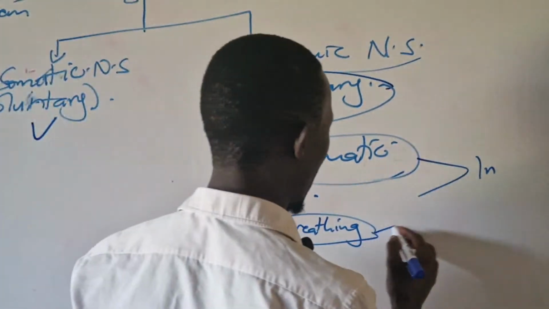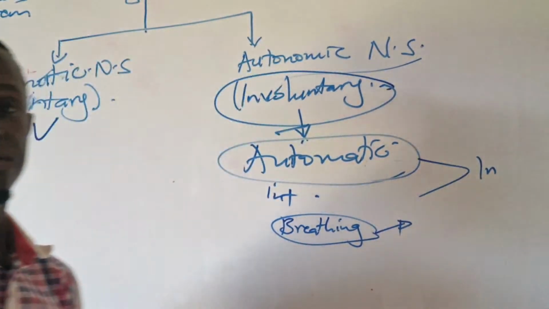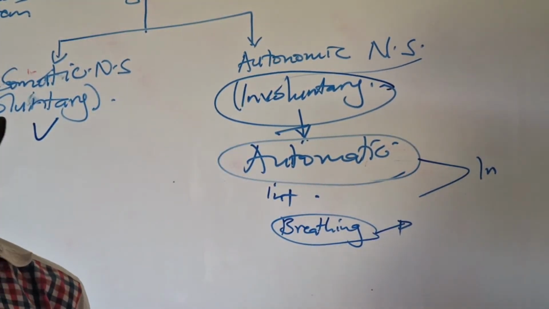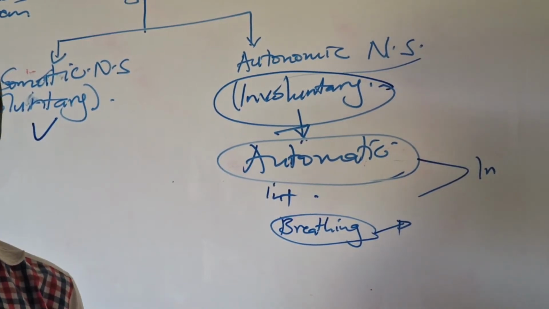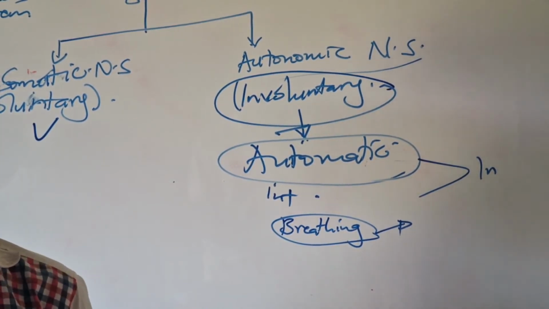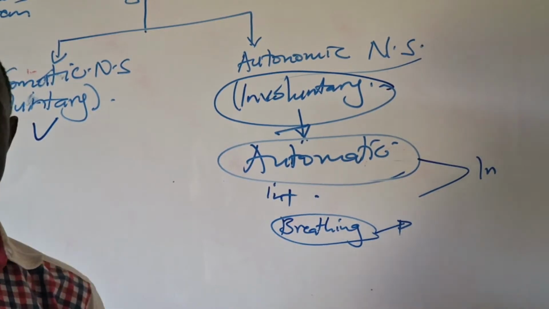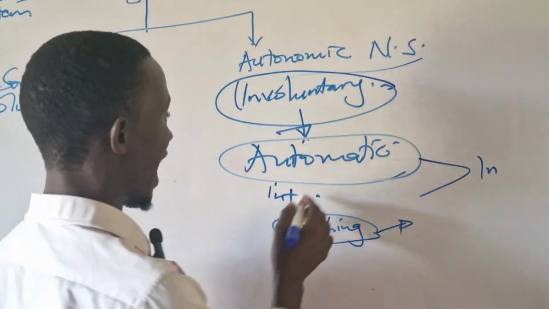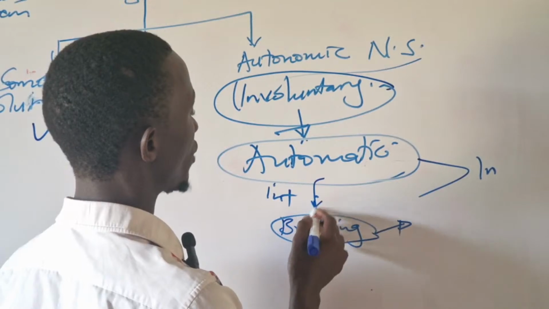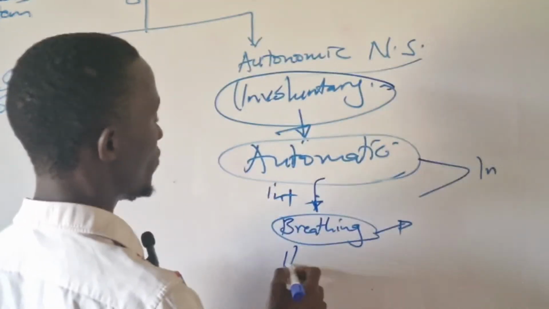Breathing. No one has control over breathing. You don't wake up in the morning and say, "Thou will not breathe. Thou breathe faster," or "I'll breathe slowly." It is an automatic response or action carried out by the body. Heartbeat.